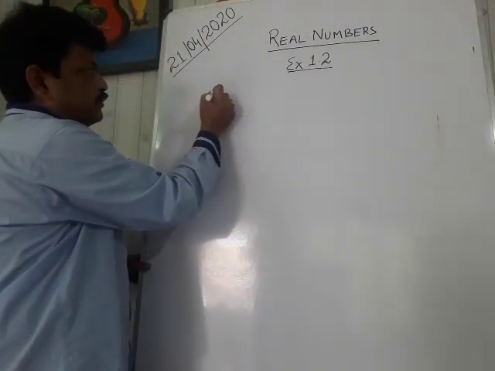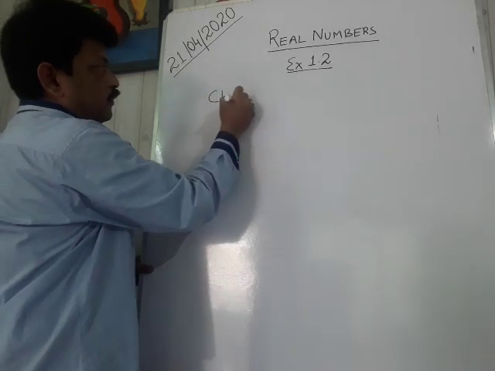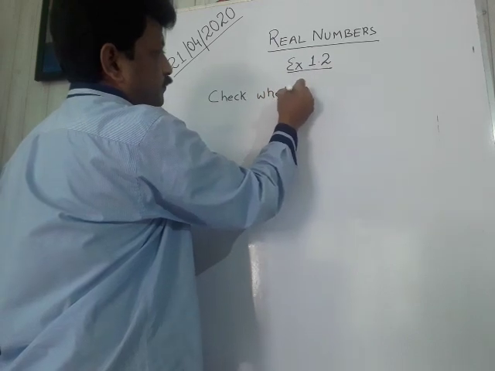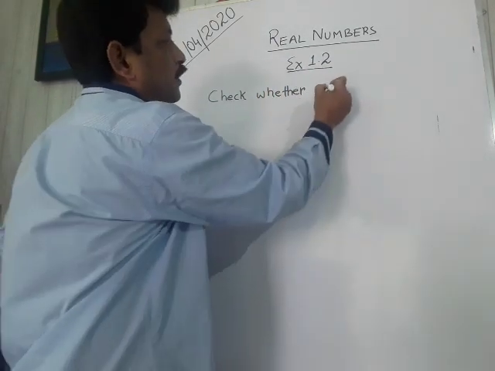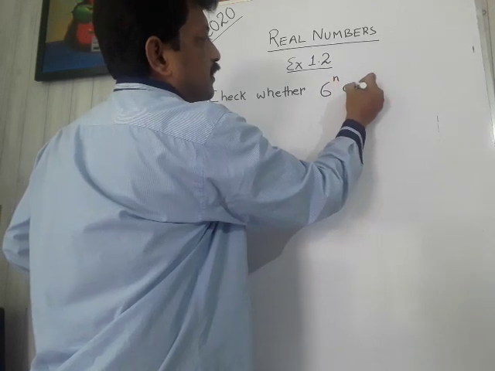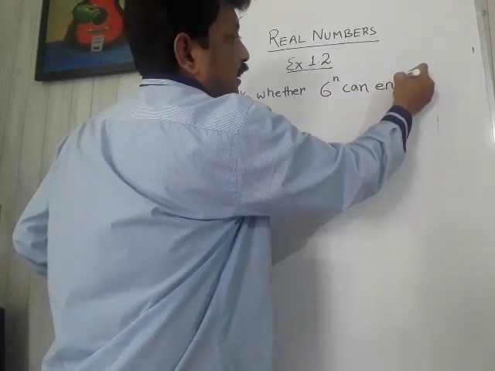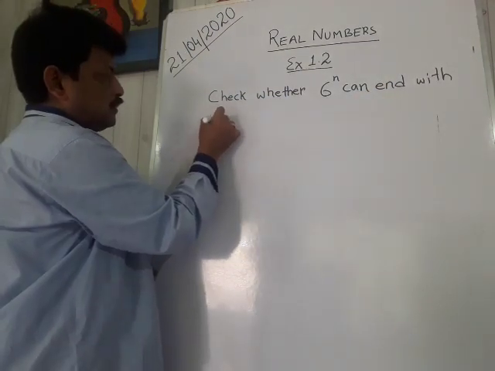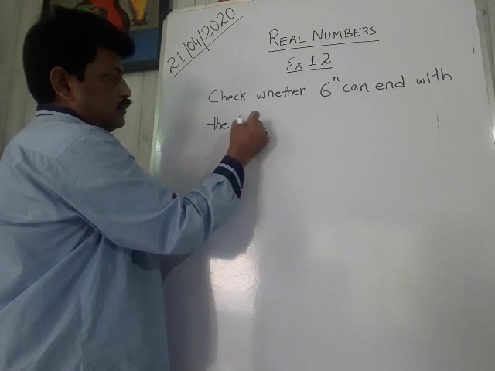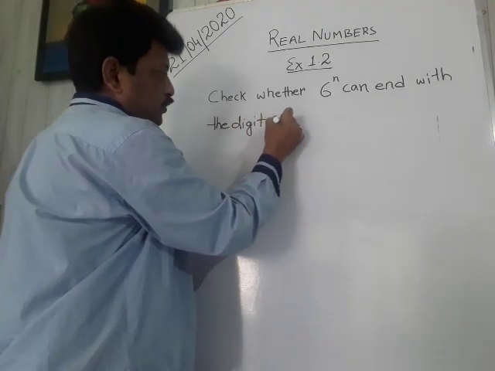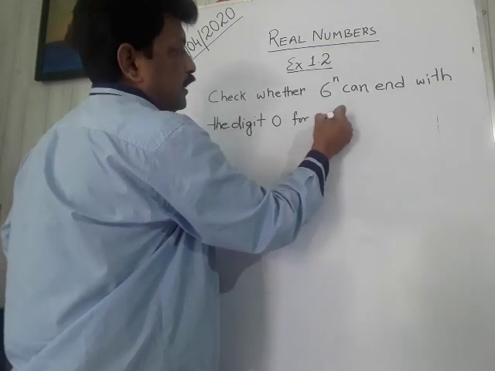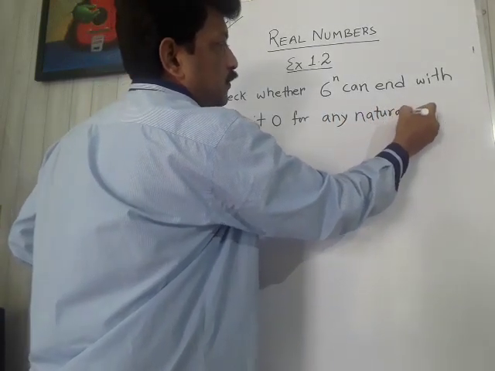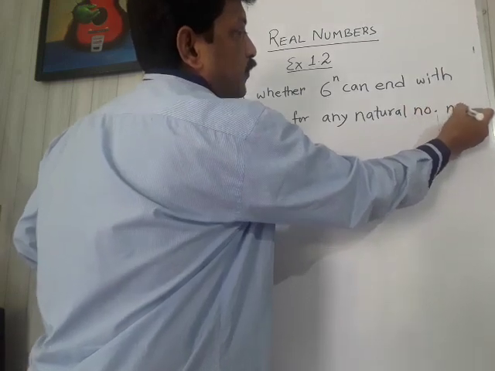The question is to check whether 6 to the power n can end with the digit 0 for any natural number n.